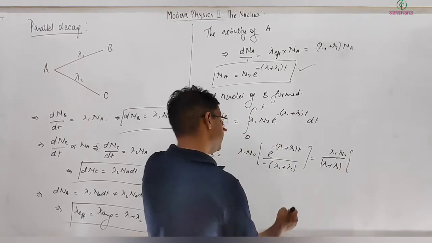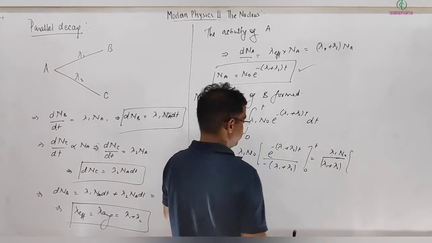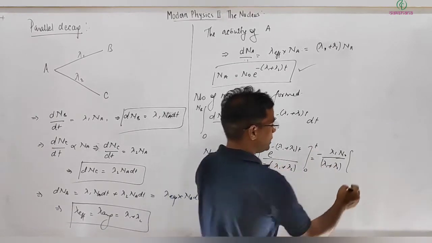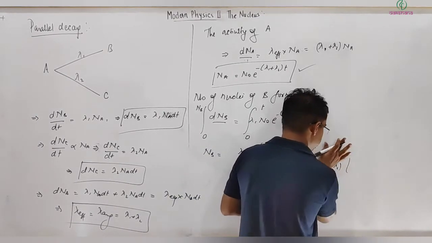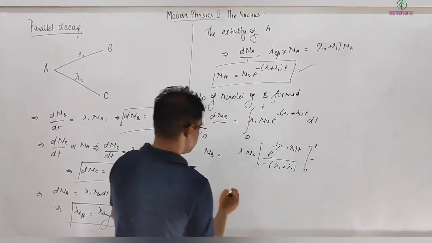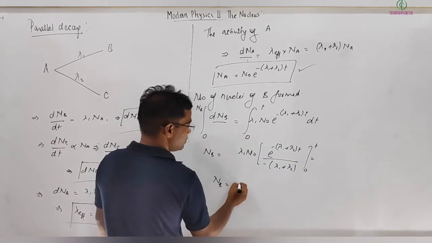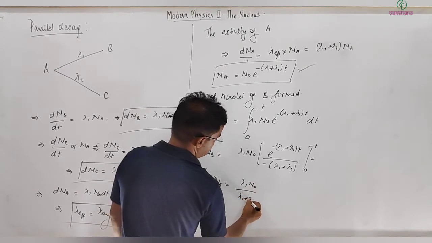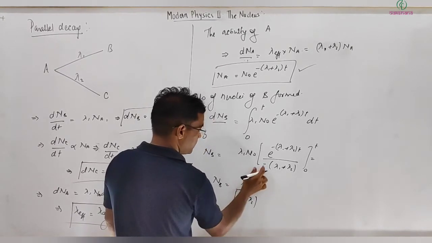And now if I am substituting the limit 0 to t, the minus will also be there. Let me write it here only. So we are getting NB is equal to lambda 1 N naught divided by lambda 1 plus lambda 2, and remember this minus will be here.